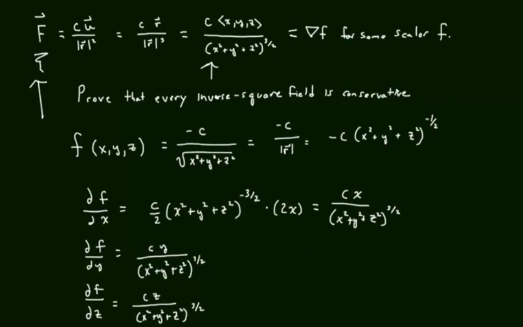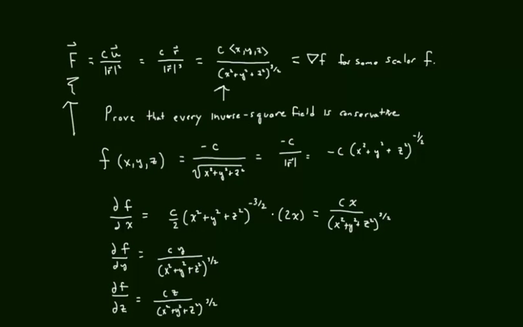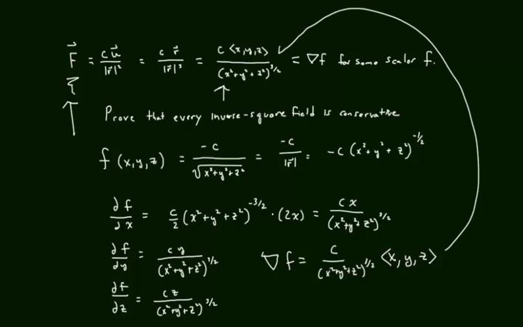And so from this, we can say that del f equals c over x squared plus y squared plus z squared to the 3/2 times vector x, y, z, which is exactly what we wanted to show. QED.